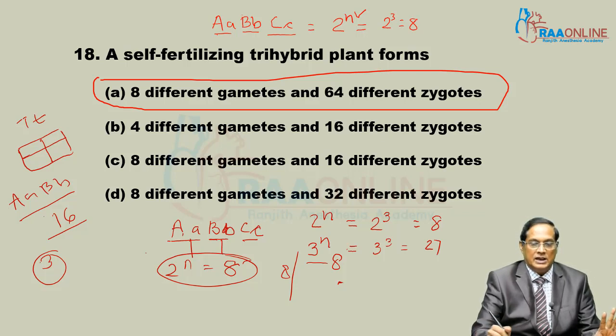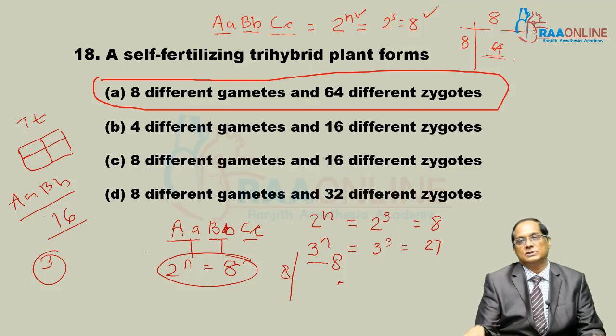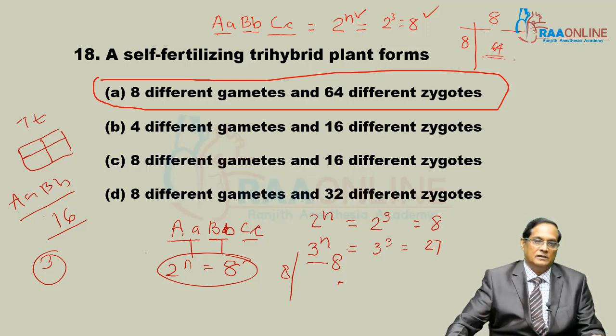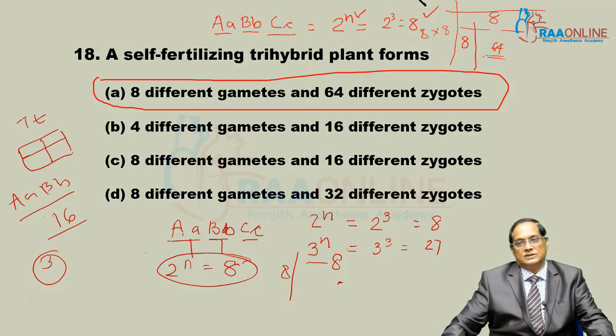If we write 8 male gametes in this line and 8 different types of female gametes in this line, you will find 8 eights are 64 types of zygotes. This is the answer of the 18th question. Better to multiply them, 8 into 8, that is 64.